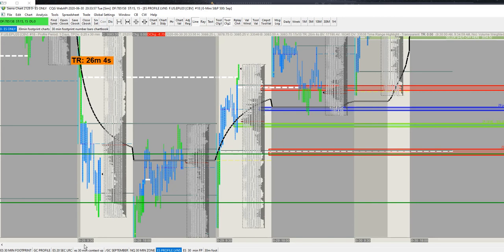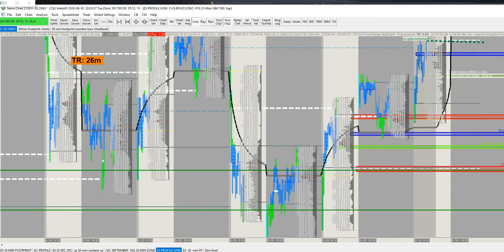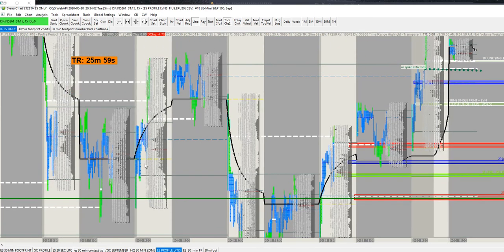The 26th of June, it was a day where, if you look at, let's just rewind a bit here, quickly. The 25th, the market compared to the 24th, if you look at value, it stayed pretty much the same. Then overnight, we gapped up, all right? Sorry, we were trading in the range of the RTH of the regular trading session.